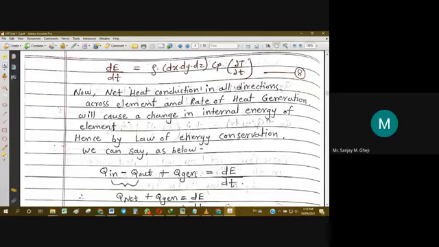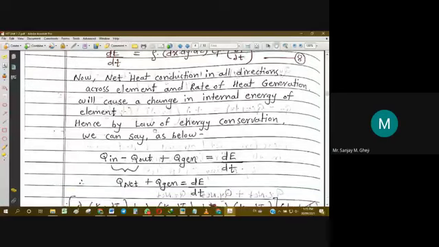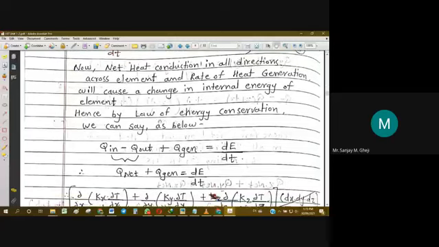Now the net heat conduction in all directions across the element and the rate of heat generation will cause a change in the internal energy of the element. So we can now apply the law of energy conservation. Using this energy balance, we can exactly know what will happen to the internal energy of the element. So we can write that Q in minus Q out plus Q generation is equal to the rate of change of internal energy of the element, dE by dt.